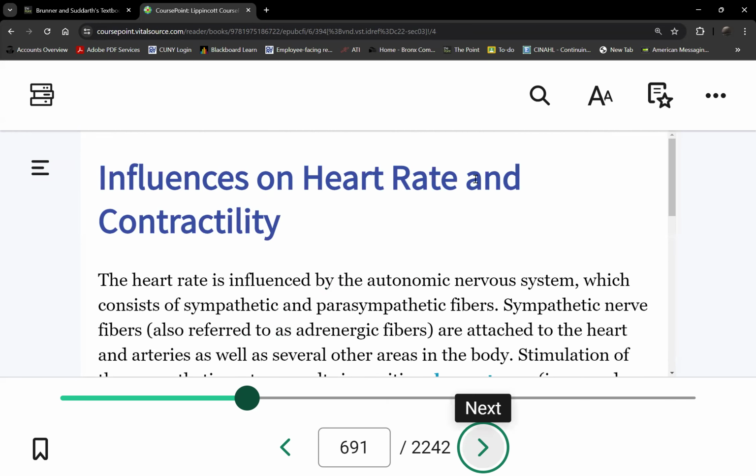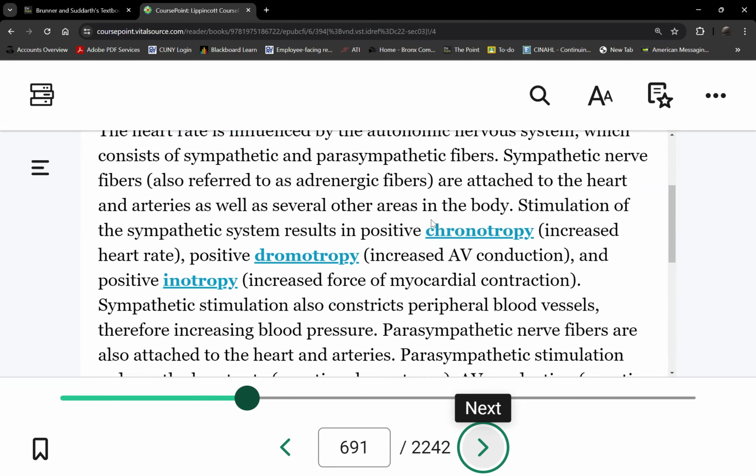There are influences on heart rate. For instance, emotion. You're happy, you're sad, that has effects on the heart rate and also blood pressure as a consequence. When you're happy or sad or mad, it changes your heart rate and the contractility of your heart.